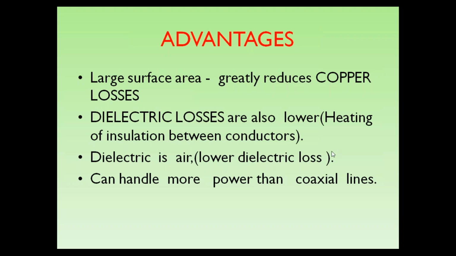Dielectric losses are also minimized here, so heating of insulation between the conductors doesn't take place. The dielectric medium is always air, so we have lower dielectric losses. This is why we choose waveguides as a transmission medium from transmitter to receiver.